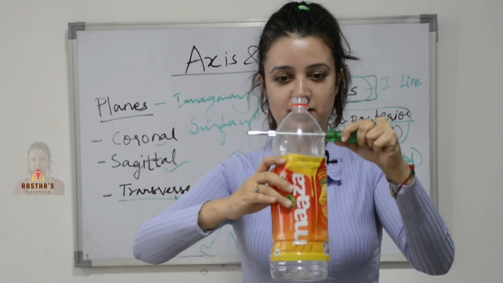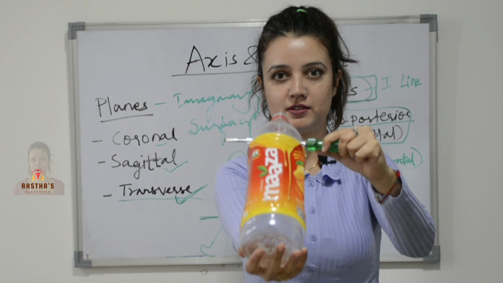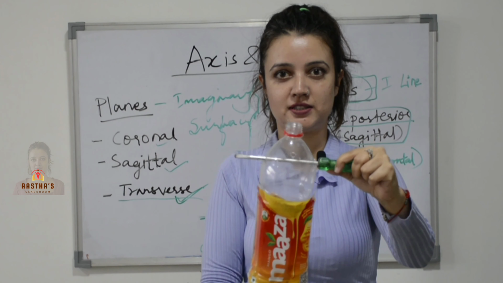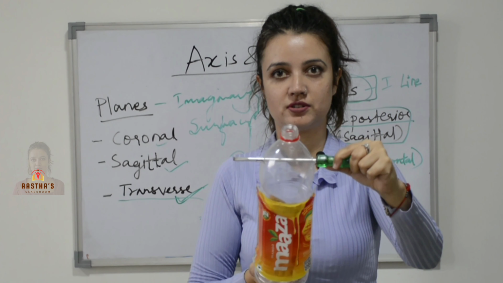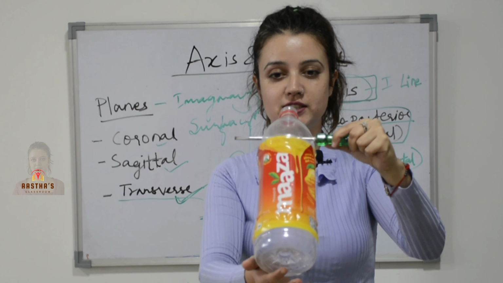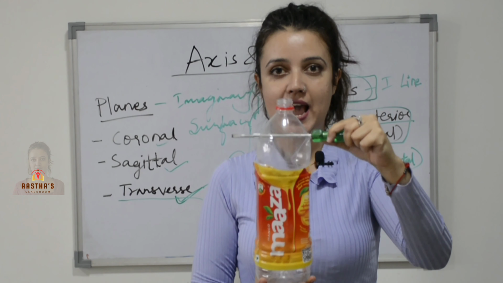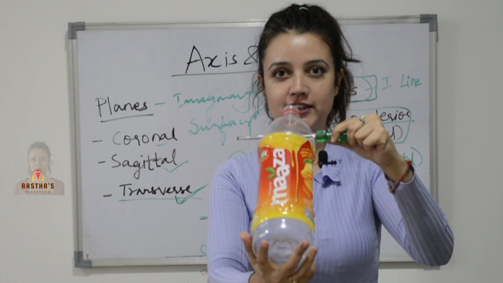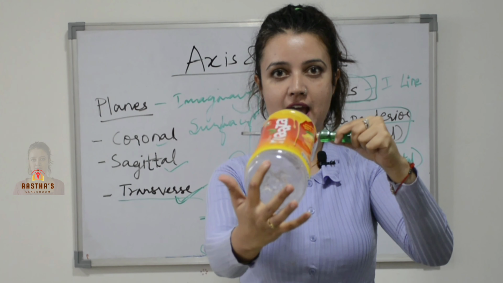Which movement is this? This is flexion and extension. So the only movement that is possible in the transverse or frontal axis is flexion and extension.